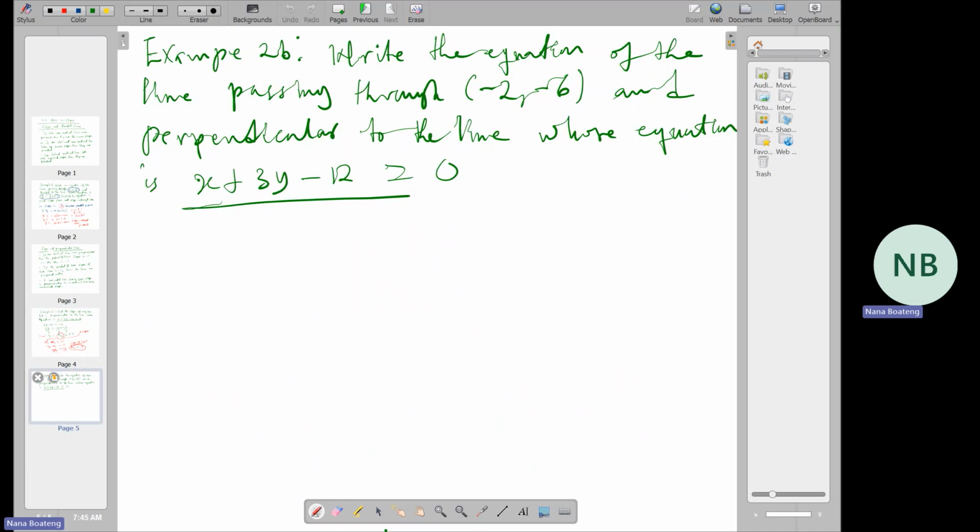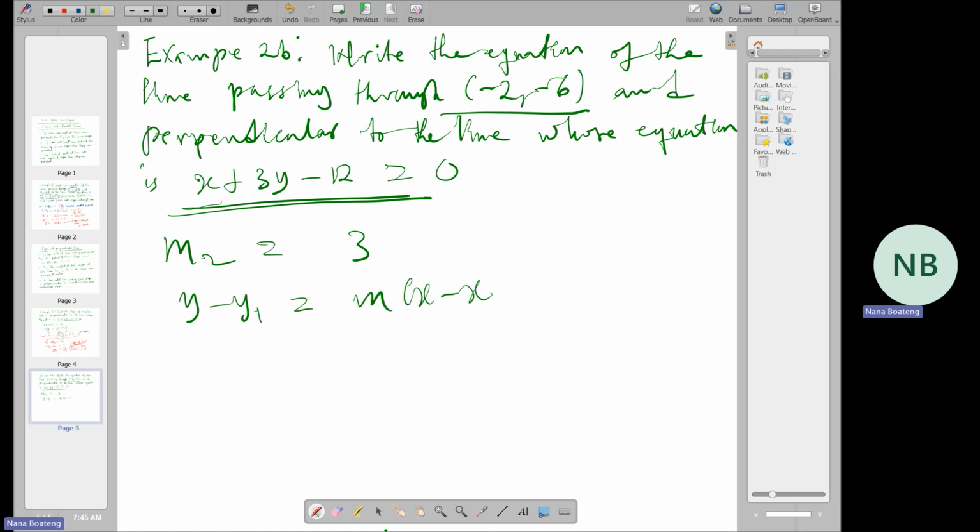So we have a line that passes through the point (-2, -6) and is perpendicular to this line, and we know its slope is 3. All right, so we can use the point-slope formula, y minus y1 is equal to m times x minus x1, to obtain the equation of this line.